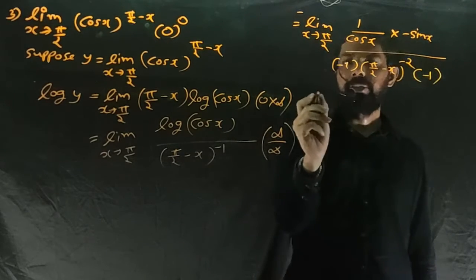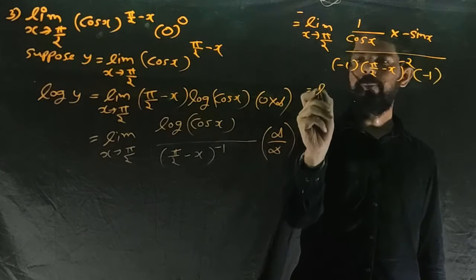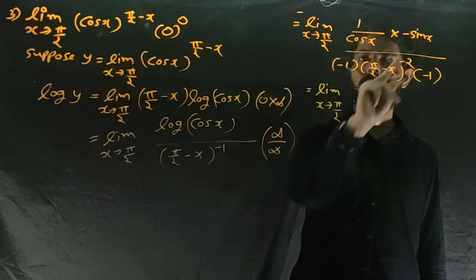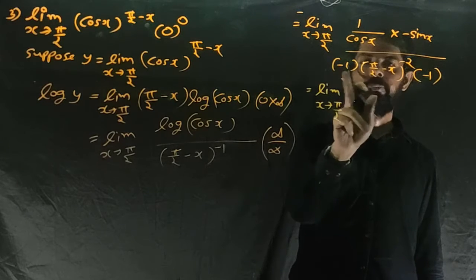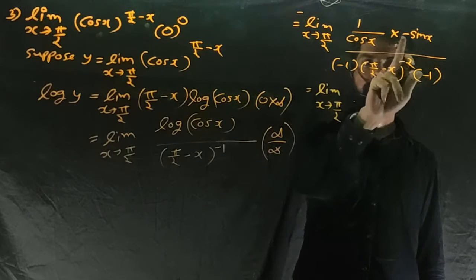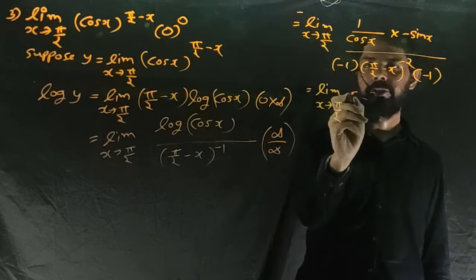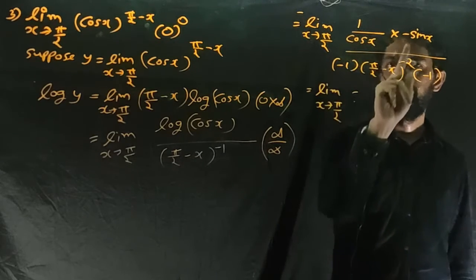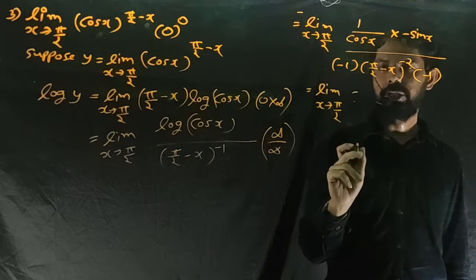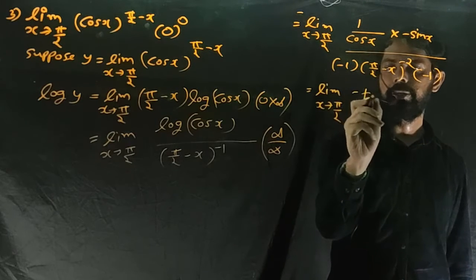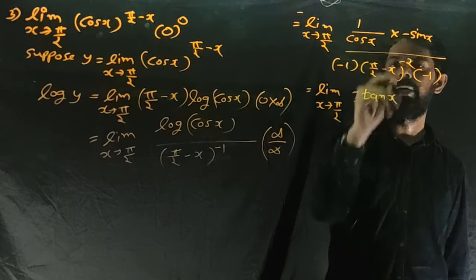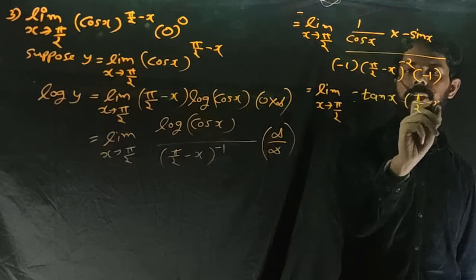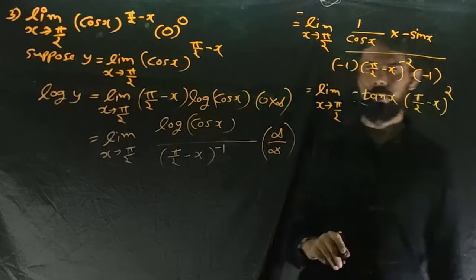Now if we simplify this, then it will be limit x tends to pi by 2, here minus and here minus, and minus and minus will be plus, but because of this the final answer will be in minus. So this will be minus sin x divided by cos x. It can be written as minus tan x, and here it will be (pi by 2 minus x) whole square.